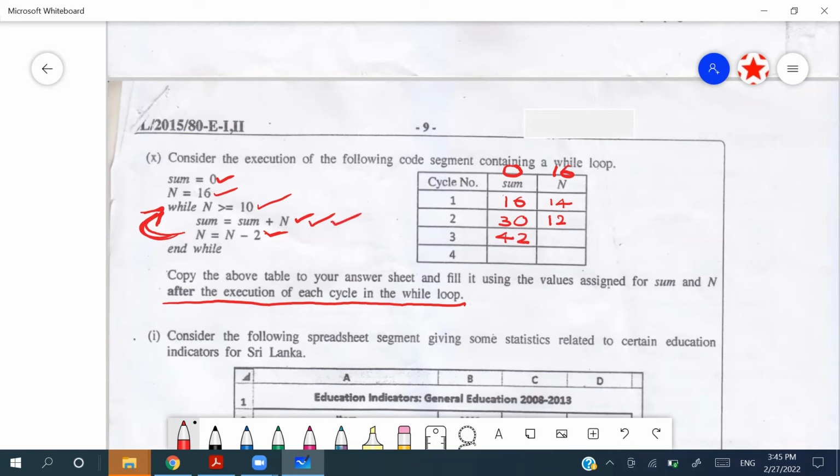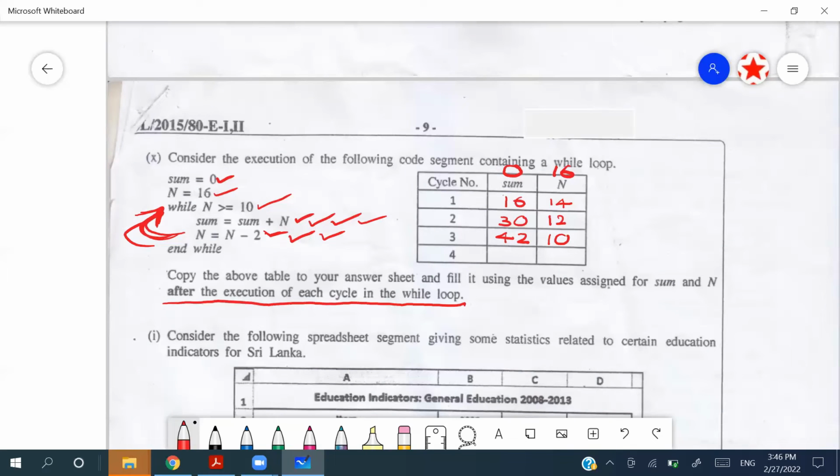This happens, and this is going to happen again. 12 minus 2 is 10, and it goes up and checks the condition. Still the condition is true, it is larger than 10, so this is going to happen again.